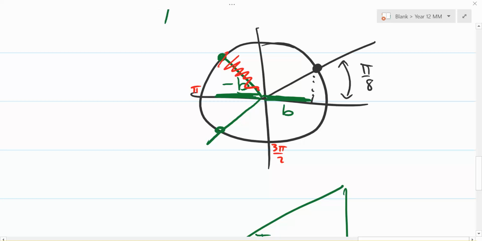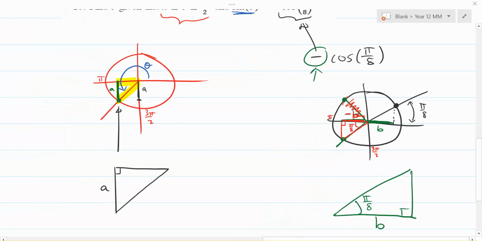Now, in order to get this point and get that negative B, this is the triangle I'm working with. But if this is pi on 8, negative B is on the x-axis. But I don't want it on the x-axis. Remember, I wanted it on the y-axis.